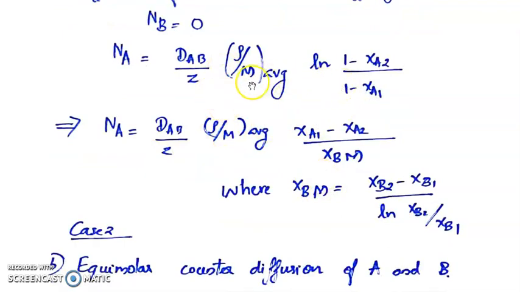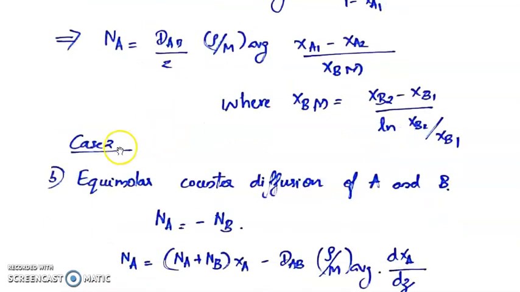I'll suggest you to use this equation because the calculation will be a bit easier. But this one, what you see here, is the general way with which we represent these kind of equations. Let us consider case 2 now, that means equimolar counter-current diffusion of A and B. That means molecules of A and B are diffusing in equal amounts but in opposite directions.